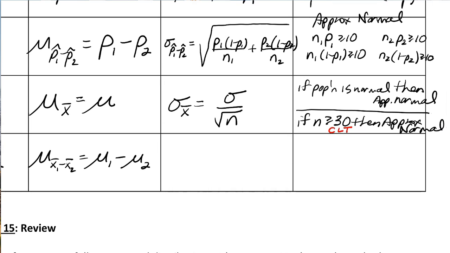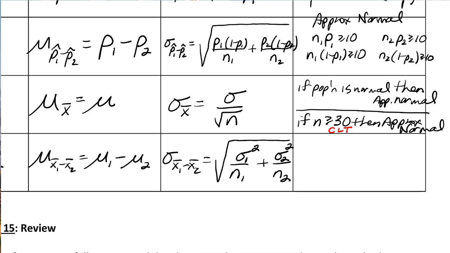And the standard deviation of x bar 1 minus x bar 2 is the big square root of the population standard deviation from the first squared, that's the variance, over the first sample size, plus the population standard deviation of the second squared, over the sample size of the second.